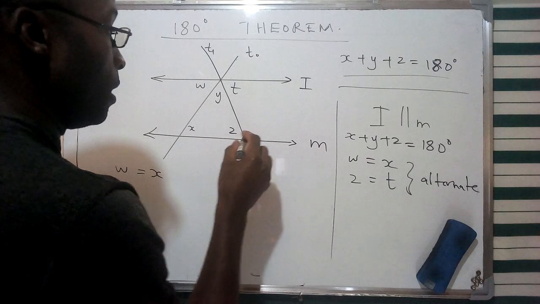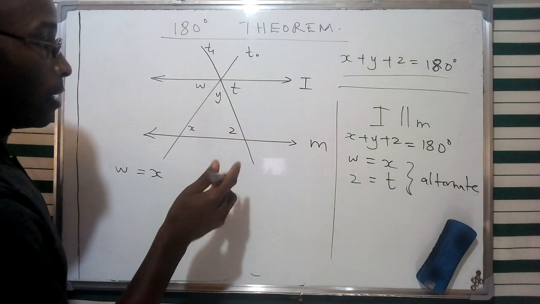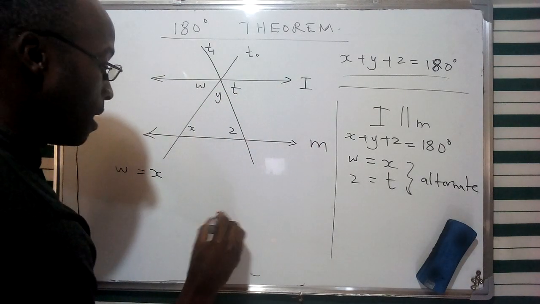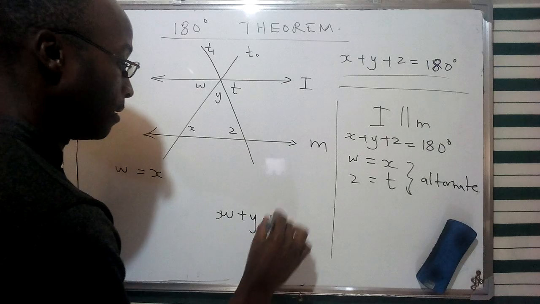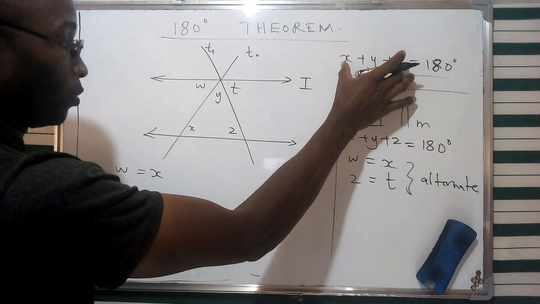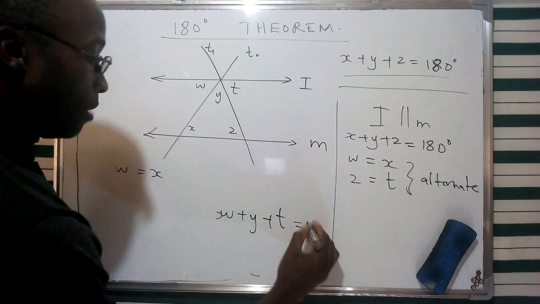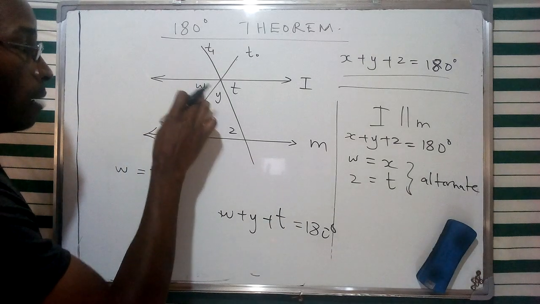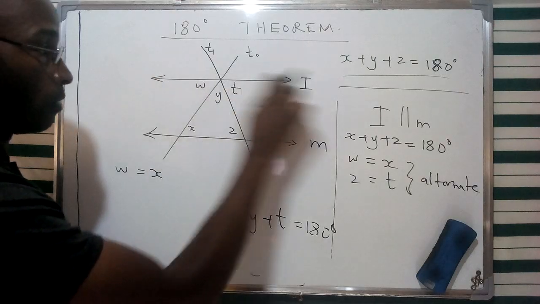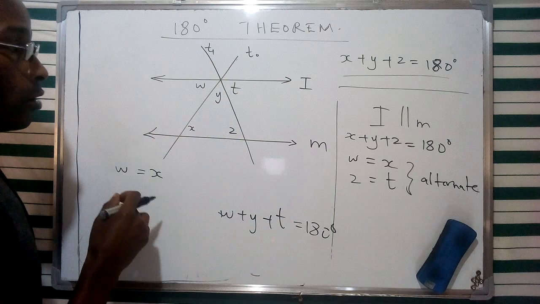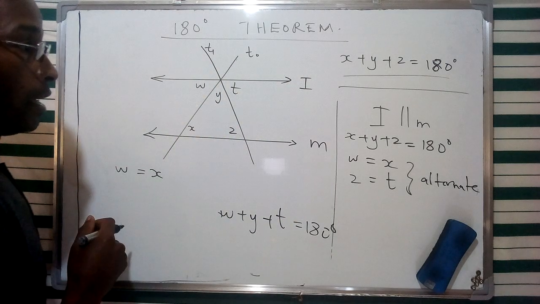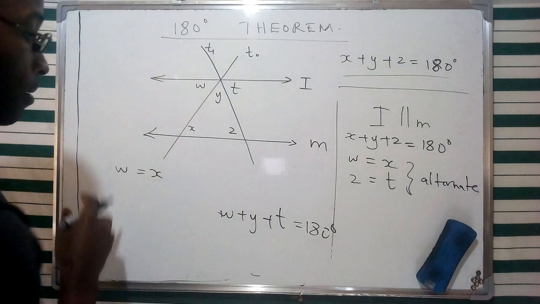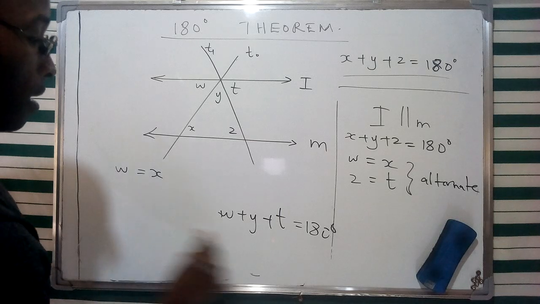If you look at it in summary form, we have said that the angles along a line, which constitute W plus Y plus T, make a total of 180 degrees, whereby angle W plus Y plus T is going to be a straight angle. From the lower side, it is a straight angle of line l, which is going to be 180 degrees.